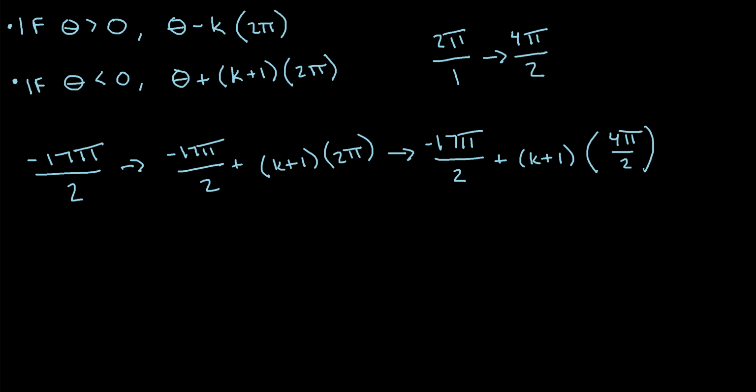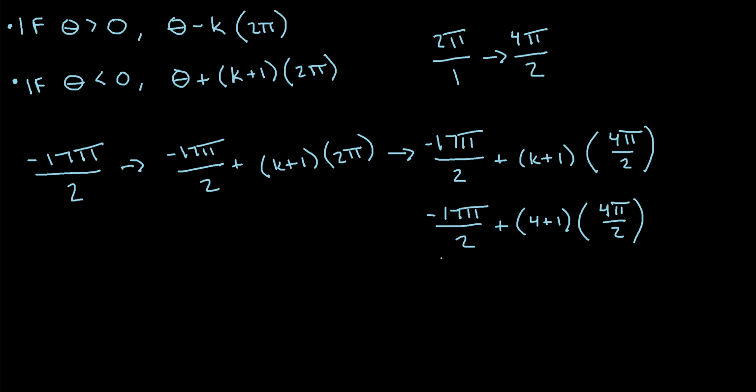And now we ask ourselves, how many 4s will go into 17 without going over? Well, that would be 4. 4 times 4 is 16. So now we can rewrite this. So k is 4. That's what we just found. So we can rewrite this as negative 17 pi over 2 plus 4 plus 1 times 4 pi over 2.